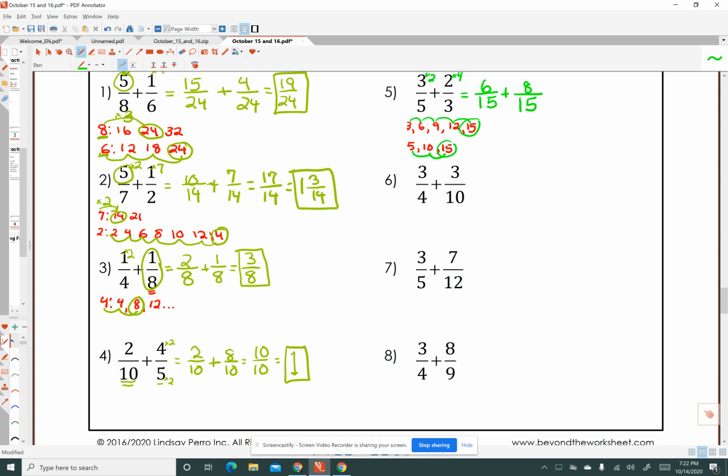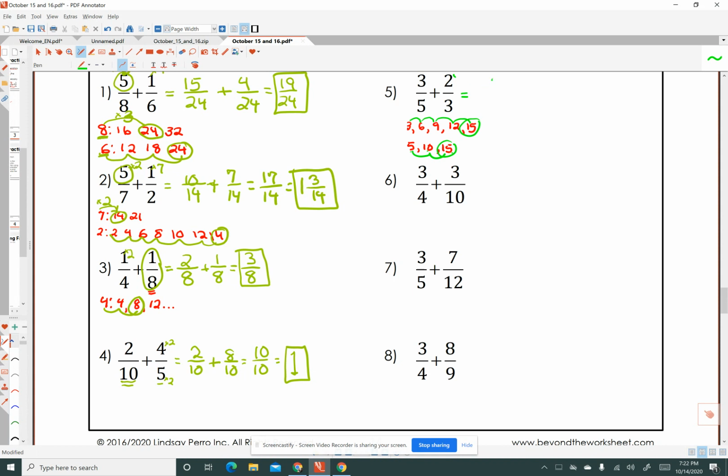5, 10, 15, 3, 6, 9. I made a mistake. I should multiply 1, 2, 3. I should have multiplied this by 3. It's getting late for the teacher, students. Let me go slower. Okay. I multiply 5 times 1, 2, 3.